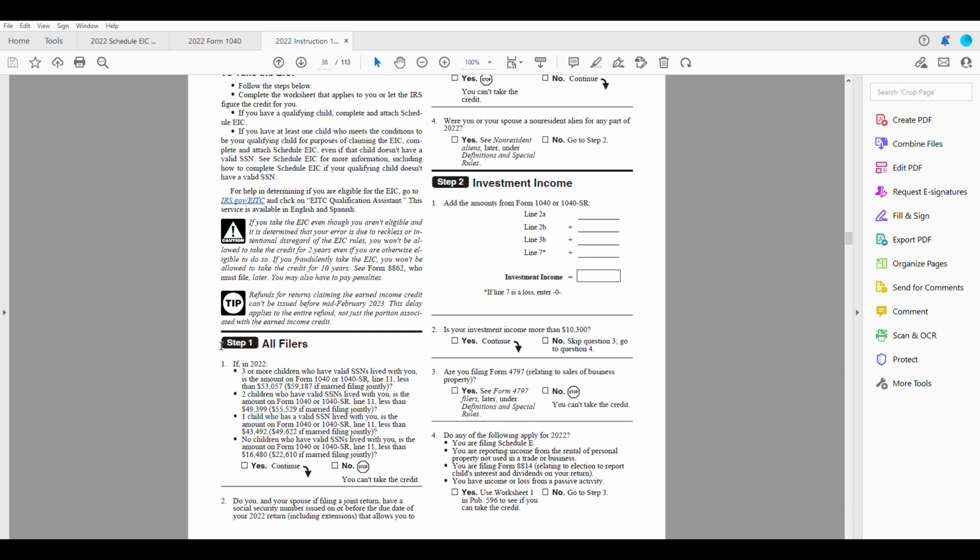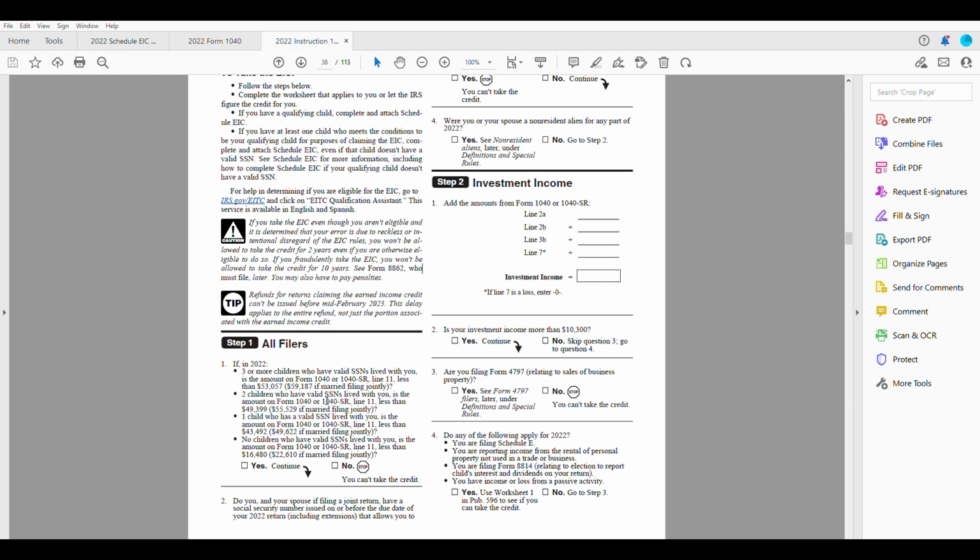Let's start with step 1 for all filers. In 2022, we have 2 children, they have valid Social Security numbers, and we have to look at line 11 of our Form 1040. Is it less than $49,000 if you're single, or $55,000 if you're married filing jointly?